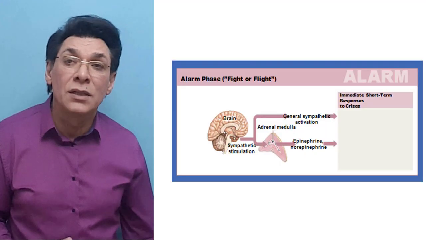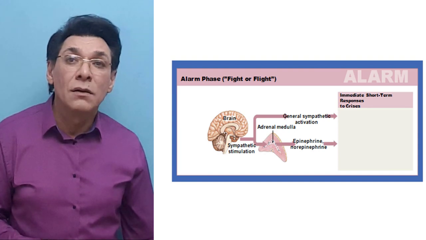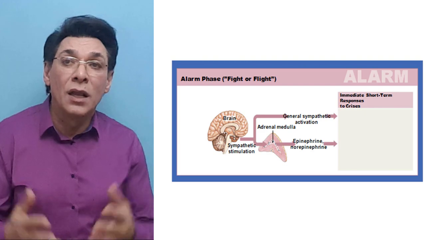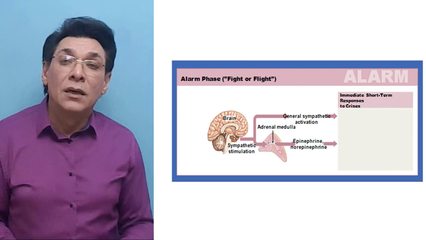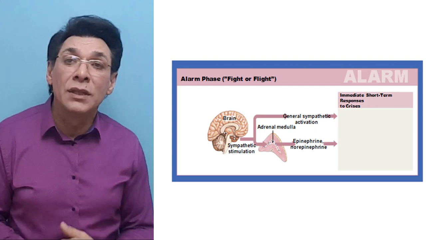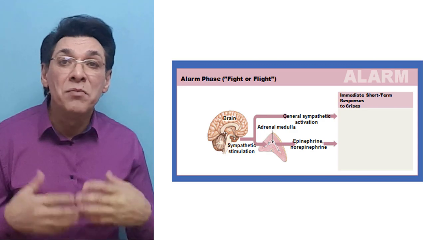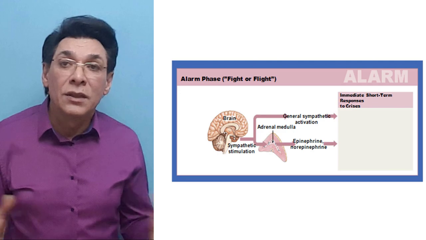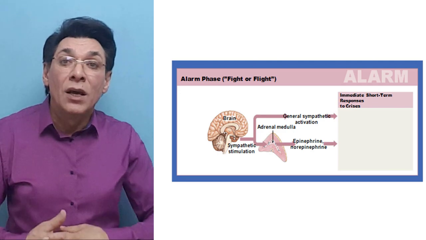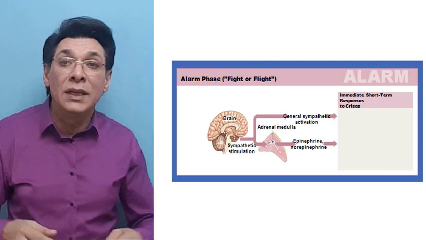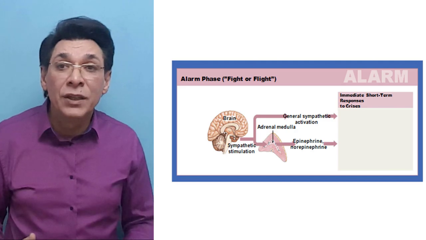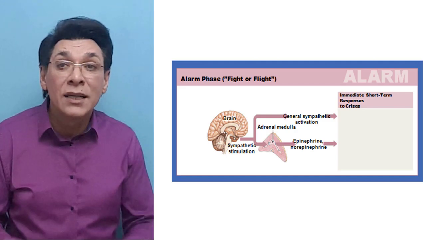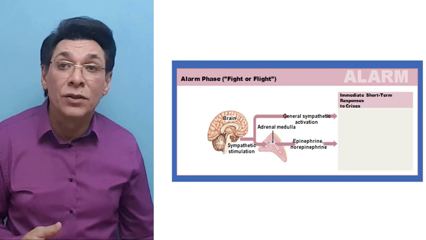First stage is alarm phase, fight or flight stage. The alarm phase, you see in this picture, in this slide, is an immediate response to a stress or crisis. The dominant hormone is epinephrine and its secretion is part of a generalized sympathetic activation.